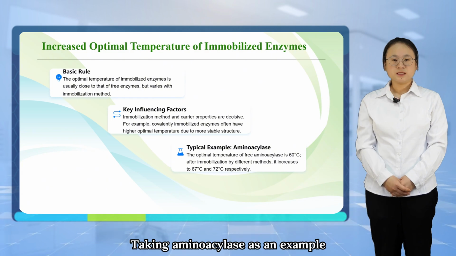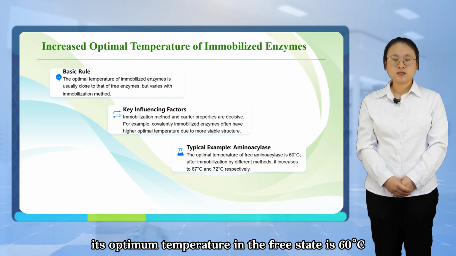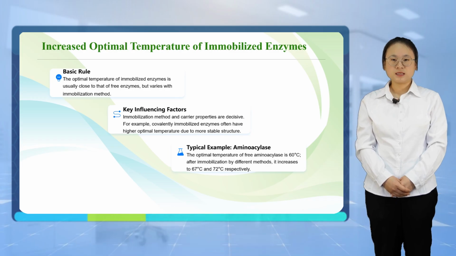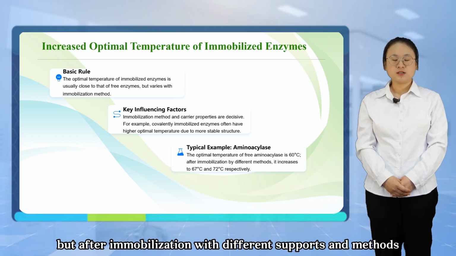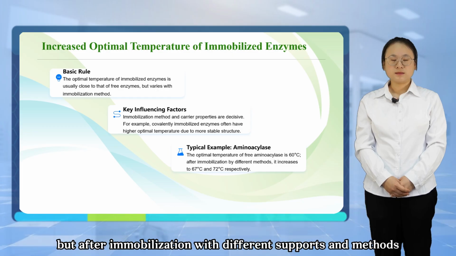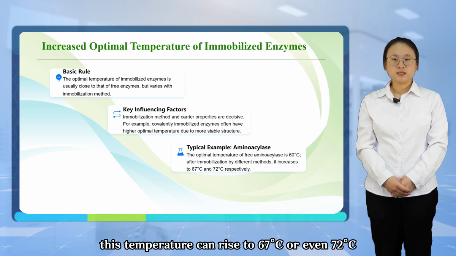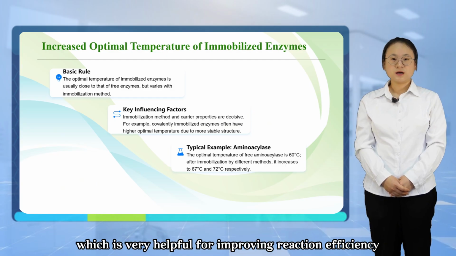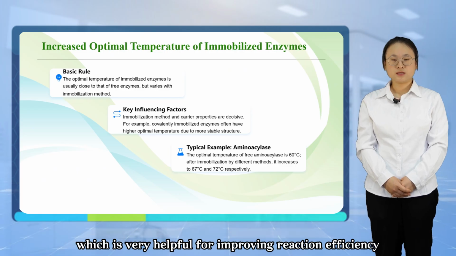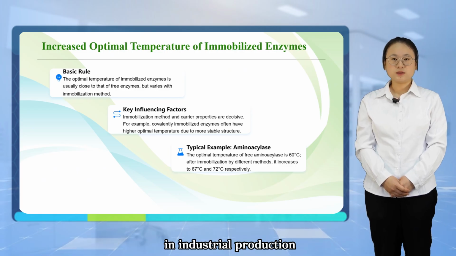Taking aminoacylase as an example, its optimum temperature in the free state is 60 degrees Celsius, but after immobilization with different supports and methods, this temperature can rise to 67 degrees Celsius or even 72 degrees Celsius, which is very helpful for improving reaction efficiency in industrial production.